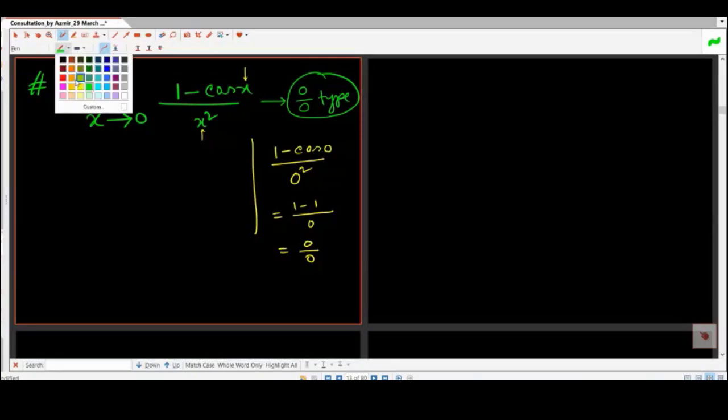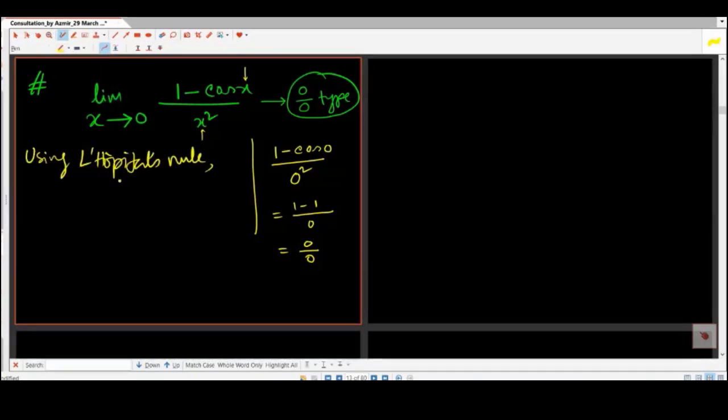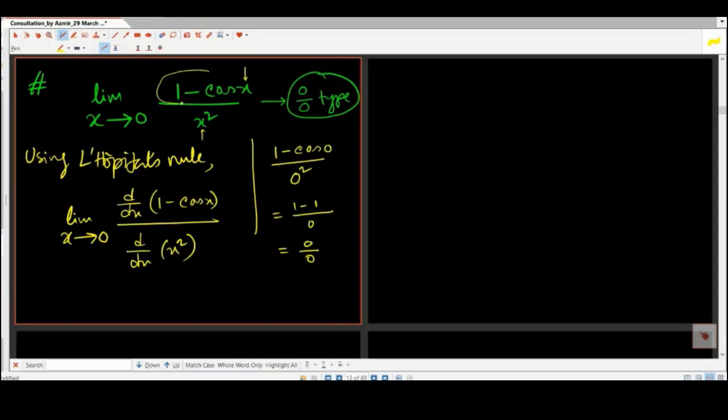So using L'Hopital rule, we can write limit x tends to 0, differentiation of 1 negative cosine x, differentiation of x squared. Since it is 0 over 0 type, that's why we are differentiating both functions separately. We are differentiating f of x, we are differentiating g of x.